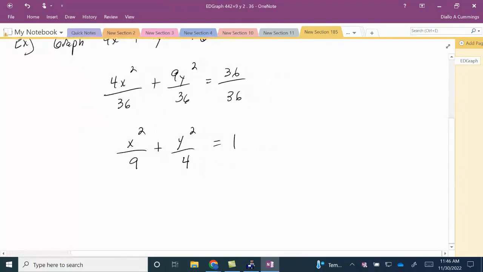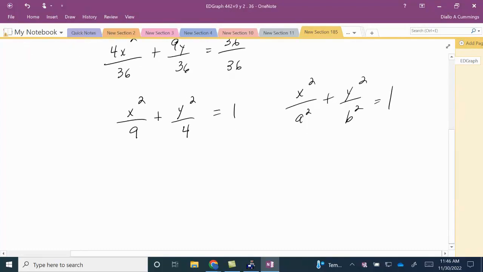So now notice the form here: we're going to have x squared over a squared plus y squared over b squared is equal to 1, because the largest denominator is underneath the x variable. From this point, we can set a squared equal to 9. If we were to find a, we can simply take the square root, so a is going to equal 3.